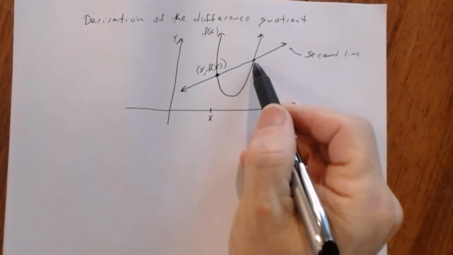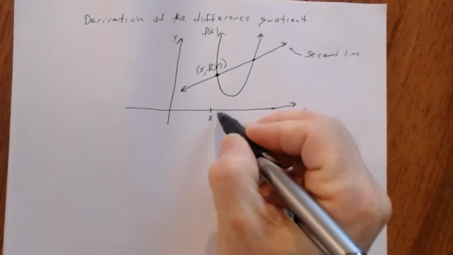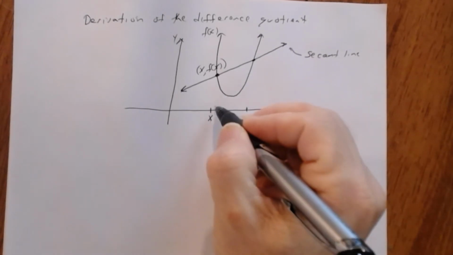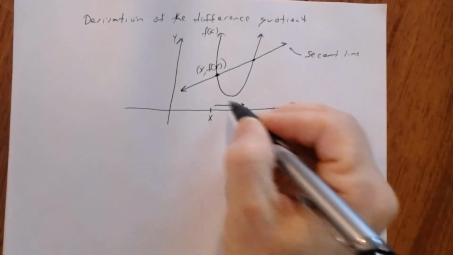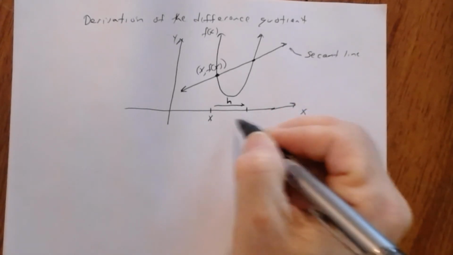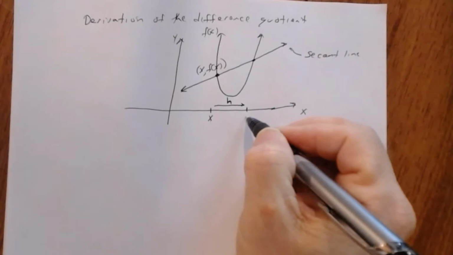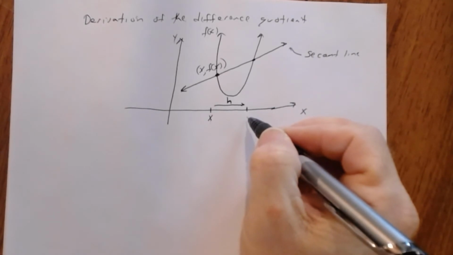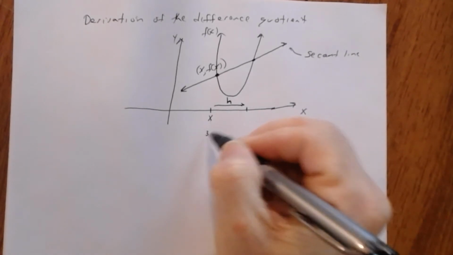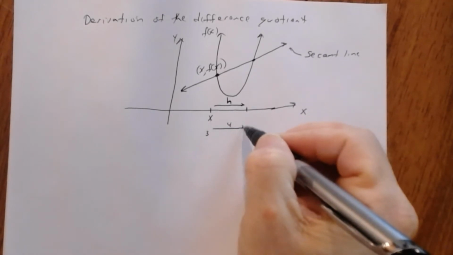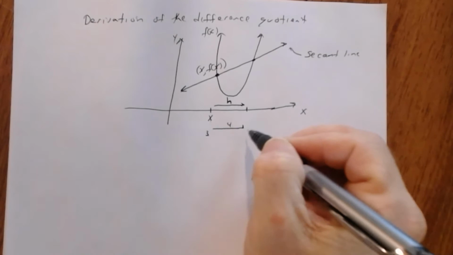All right, now let's look at this point here. So let's say that the distance from here to this point here is h. Now I want you to think about this. If this is x and this distance is h, then what do you think the x coordinate of this is? So for example, if this is 3 and that distance is, let's say, 4, do you all agree that 3 plus 4 is 7?